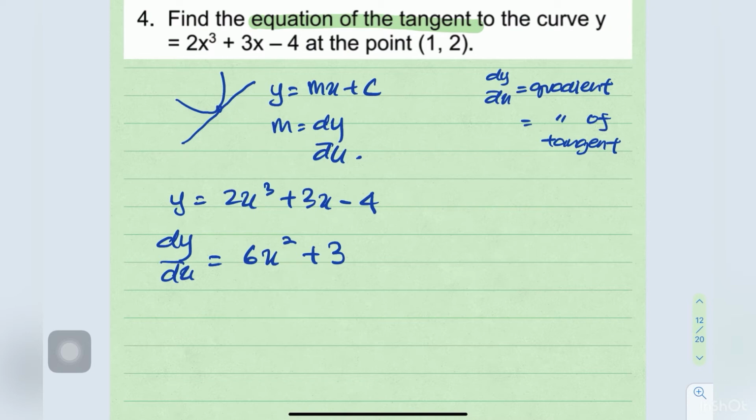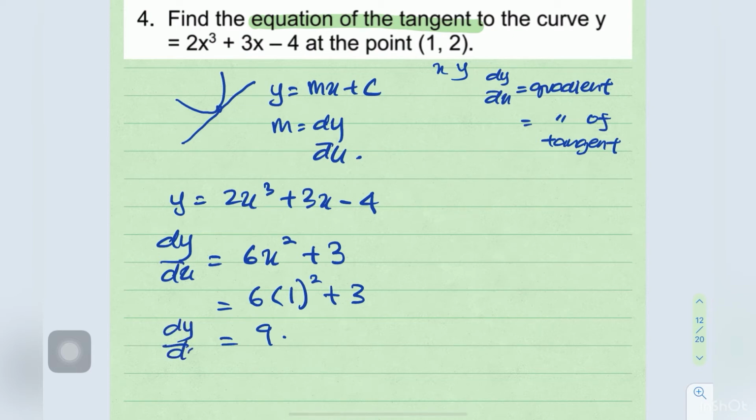At the point (1, negative 1, 2), this is the coordinate of x and this is the coordinate of y. So we substitute the x coordinate: 6 times 1 squared plus 3. dy/dx equals 9. So dy/dx is the gradient.